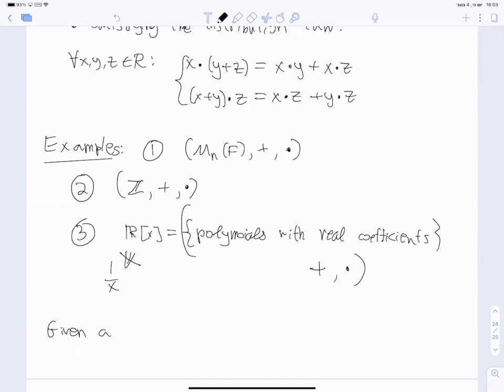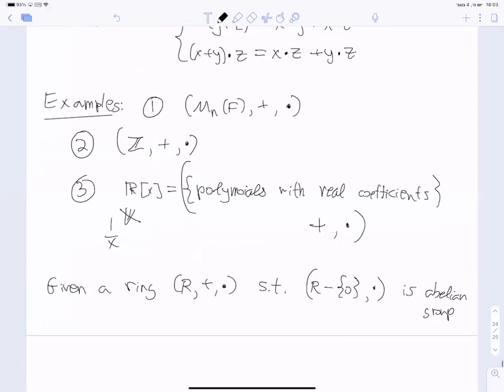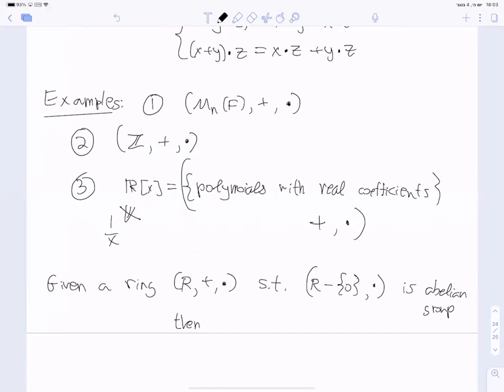Given a ring such that if you take out the 0, then together with multiplication it's an abelian group, how do we call such a ring?